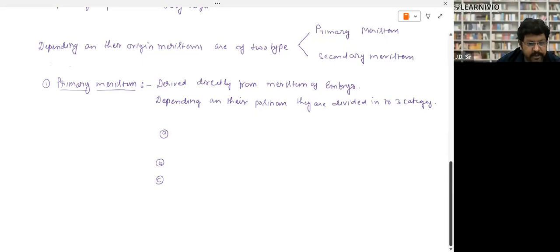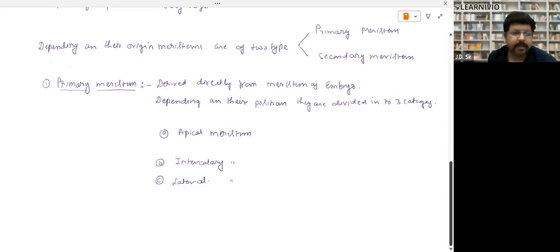They are apical meristem, which we have seen above and I explained, then intercalary, then lateral. So depending on their position, they can be further divided into three categories. Is that clear? Now, secondary meristem, I will tell you what the secondary meristems are.